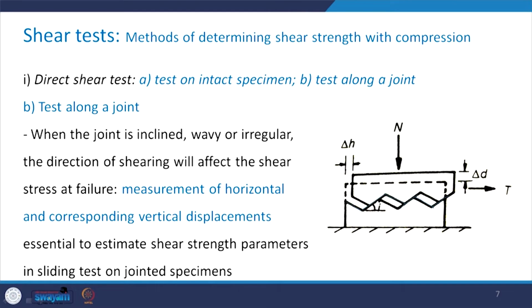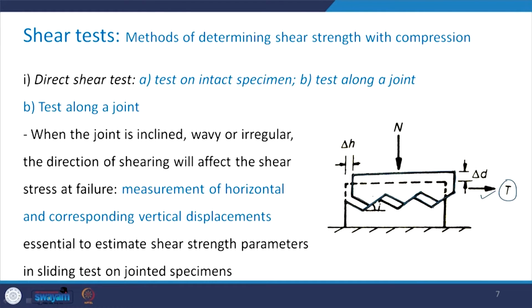So, you see here again the shear force is being applied from left to right direction, and because of the wavy nature of this jointed surface, when this force is applied, what will happen? It will try to slide, okay, like this. So, this is going to be the new position of this upper block.